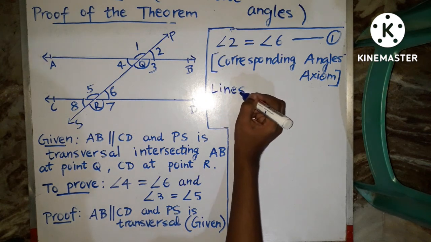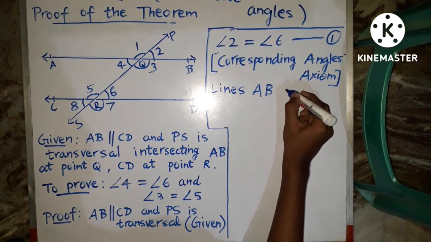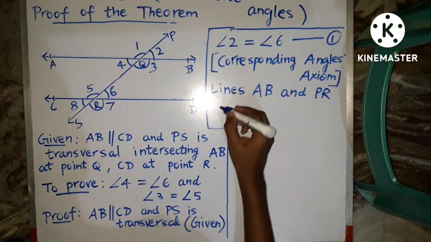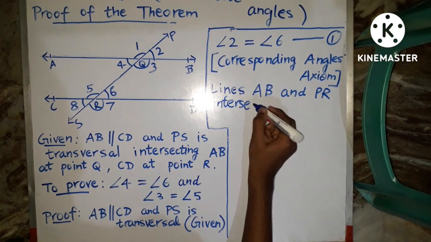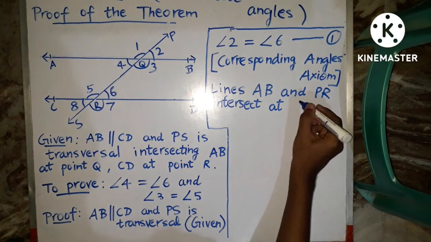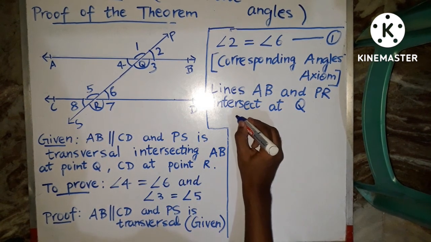So we have to write that lines AB and PR intersect at point Q. Then vertically opposite angles are equal. Angle 2 and angle 4 are a pair of vertically opposite angles.